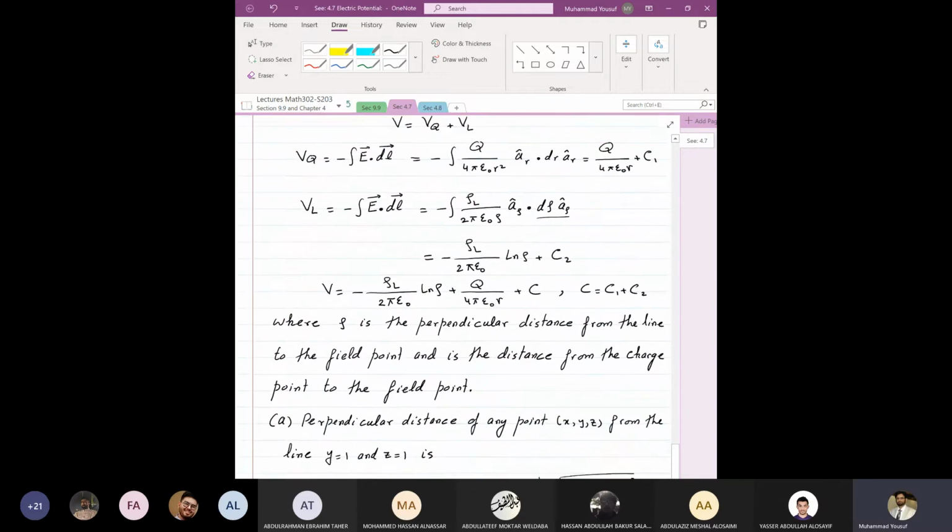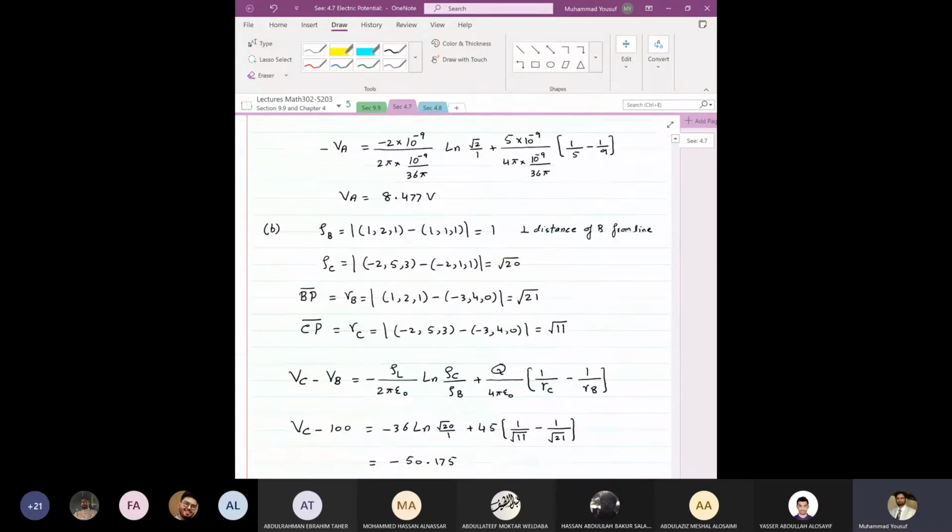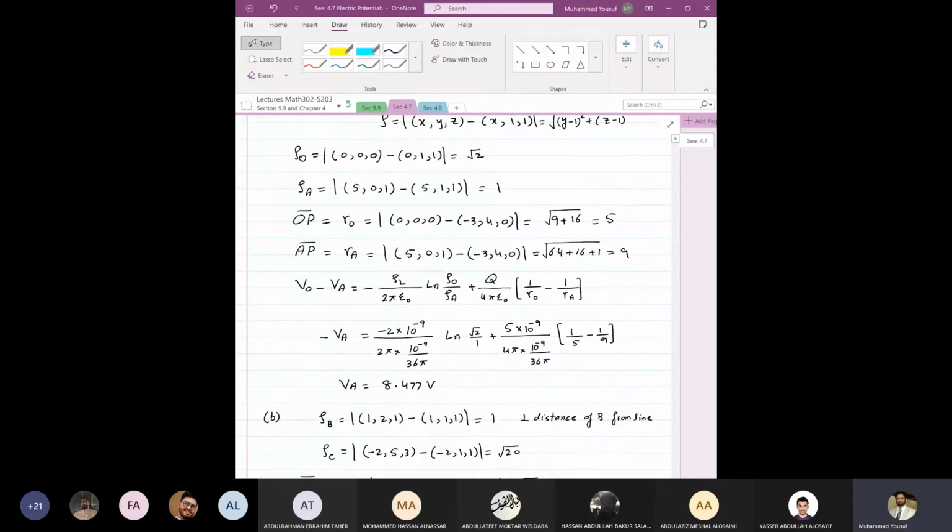Then we need to find the potential at A. Since the potential is 0 at the origin, we have V0 minus VA equal to negative rho L over 2 pi epsilon naught times the log, with the two limits of the integral being rho 0 to rho A, the perpendicular distances of the origin and A from the line, because it is log of rho.